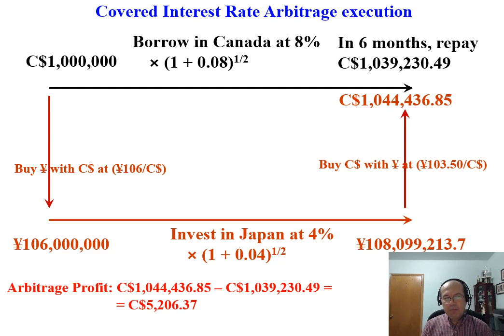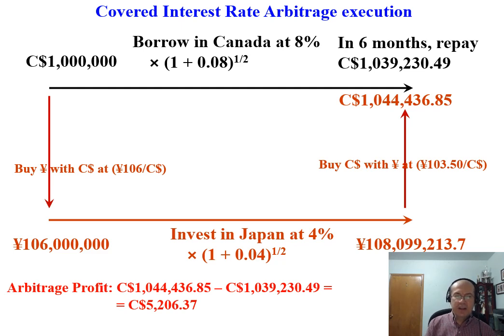And you are buying Japanese yen with what currency? You are buying with Canadian dollars. So you're increasing supply of Canadian dollars. So by increasing supply of Canadian dollars and by increasing demand for Japanese yen, as a result, at the spot exchange rate, Japanese yen will appreciate against Canadian dollar.